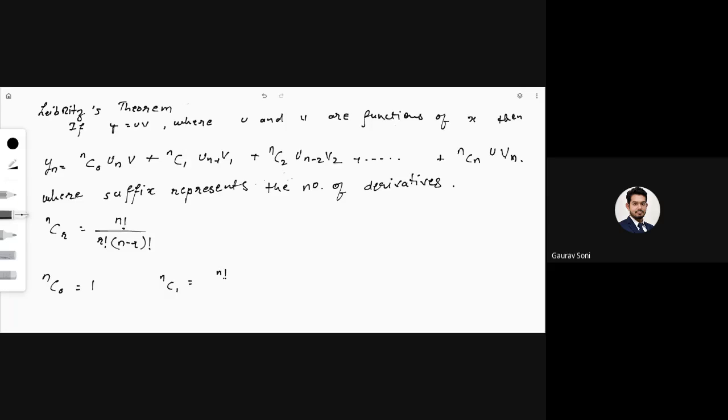You will have n factorial upon 1 factorial into n minus 1 factorial. When you cancel out n minus 1 factorial from n factorial, what remains is n. nC2 will be n into n minus 1 divided by 2. nC3 will be n into n minus 1 into n minus 2 divided by 3 factorial. That's it.